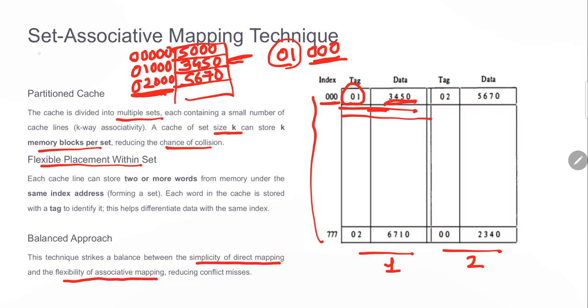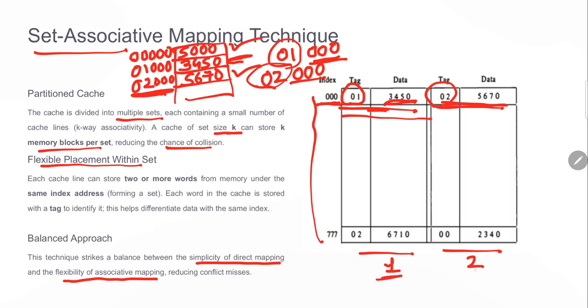But I'm using this set associative mapping. That means we have another set vacant. So at that location we can store this, like 02 and 000. So at the same 000 location with the tag 02 I can store the data 5670. Now the same thing if I want to store for this 00000.